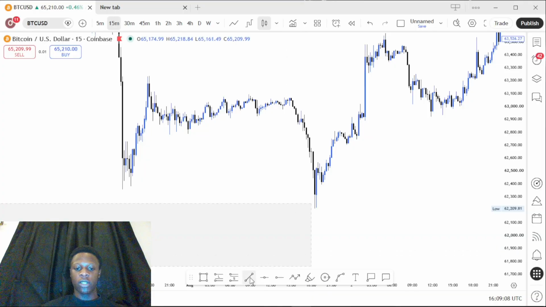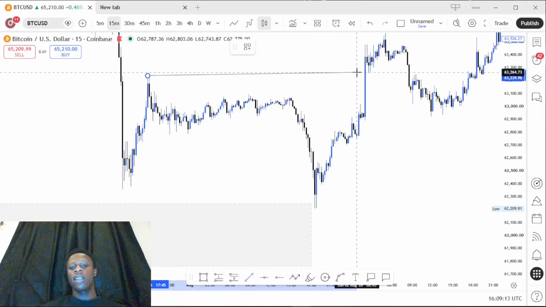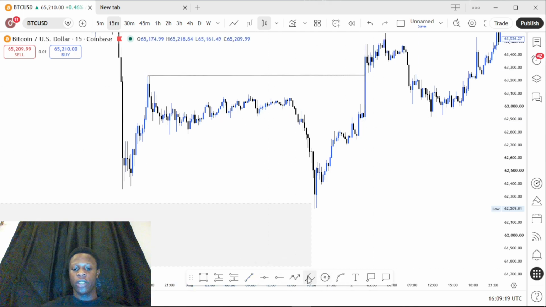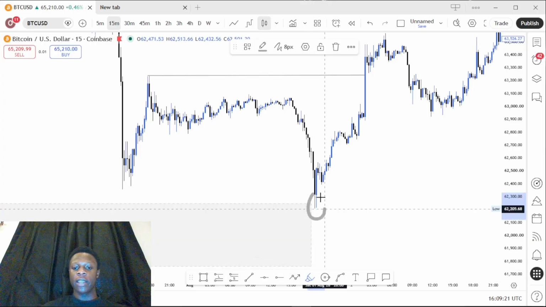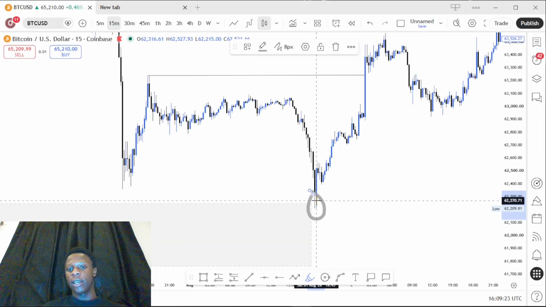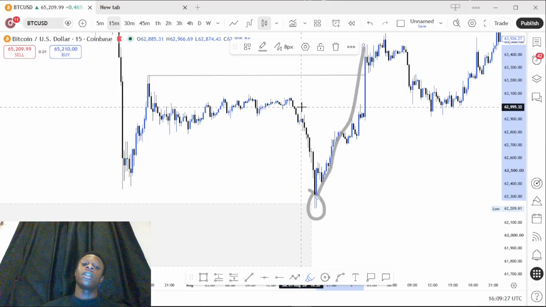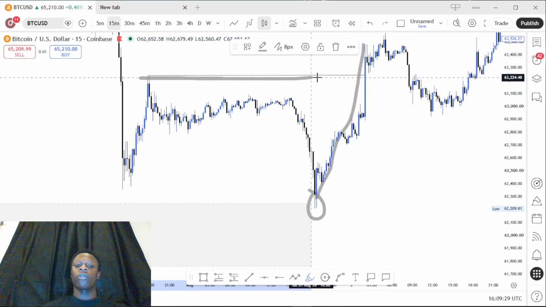Now, on a 15 minutes time frame, you can see this as a break of structure right there. If this trade is to come back and go up, and break this, it's going to be a break of structure.